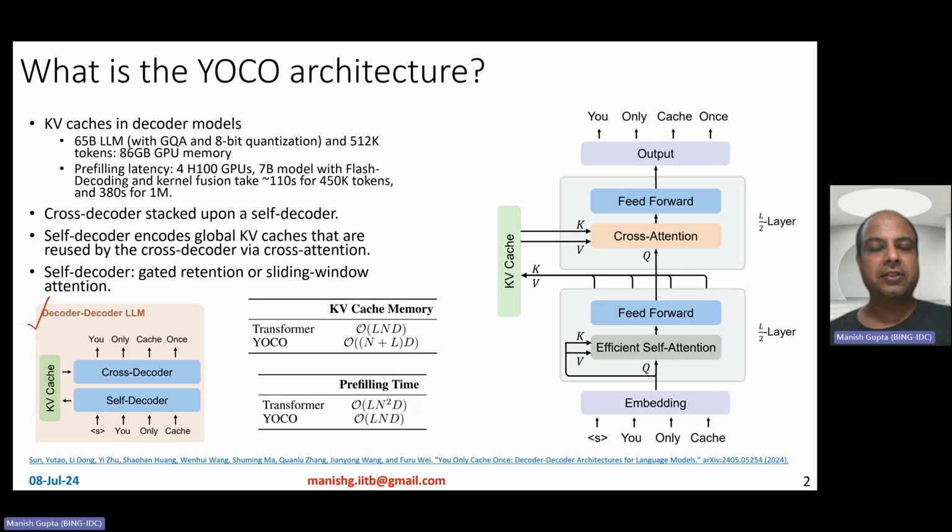Okay. So the transformer-based decoder models have these key value caches, right? Key value caches are basically used so that for the prompt part, the tokens which comprise the input, you can generate those key value embeddings and store them.